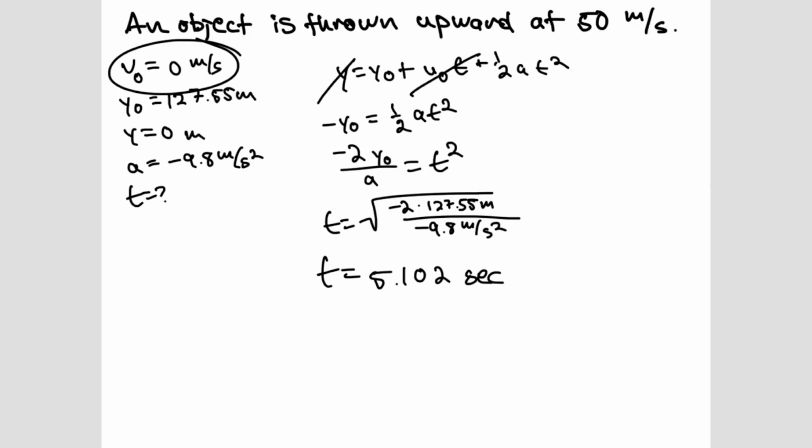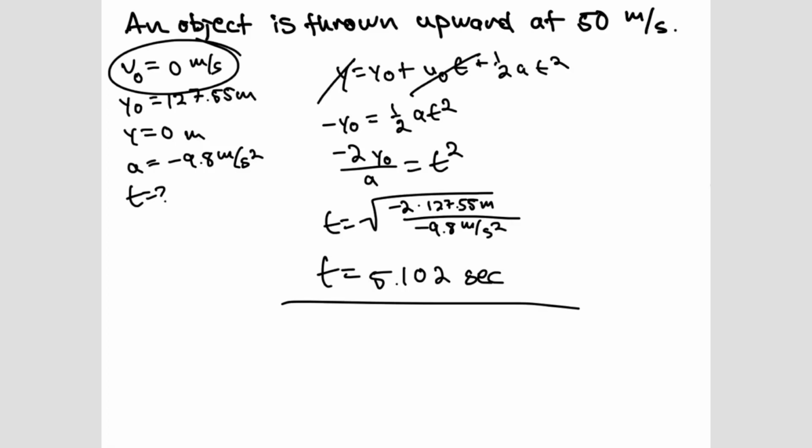Now you notice that this time is extremely similar. In fact, it's basically the same as the time to reach maximum height. And this makes sense because you're going from the initial height to the maximum height and back to that initial height. It makes sense for those two parts to take the same amount of time. At the end of the day, you're under the same acceleration, the acceleration due to gravity, and nothing else changes.